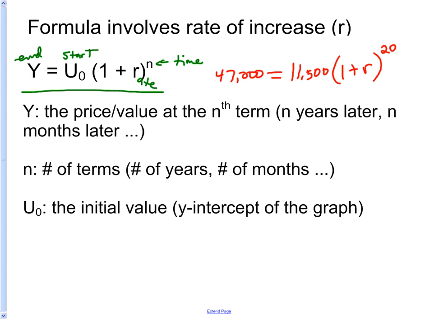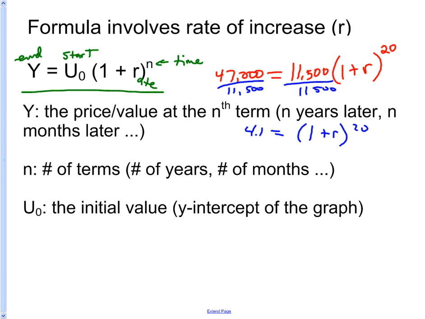Okay, start with that. Started with the 11,500, dividing by that, and then you got some decimal here. It's like 4 point something, wasn't it? 4.1? Should be about 4 point something, like 4.1.